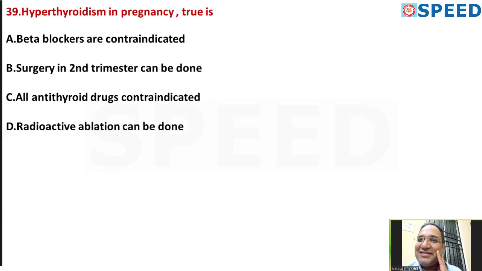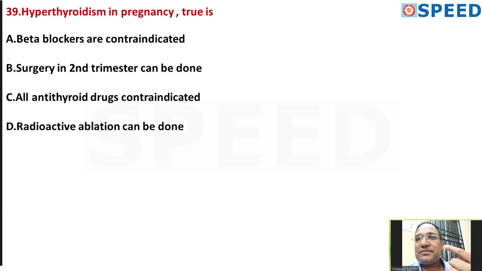You remember the stories we discussed? It has to be always given with low dose thyroxine. See, he has given that all antithyroid drugs are contraindicated. It's a wrong statement. Radioactive ablation can be given as an absolute contraindication. You remember this? The absolute contraindications for radioactive iodine ablation are pregnancy, children, and people with eye signs.